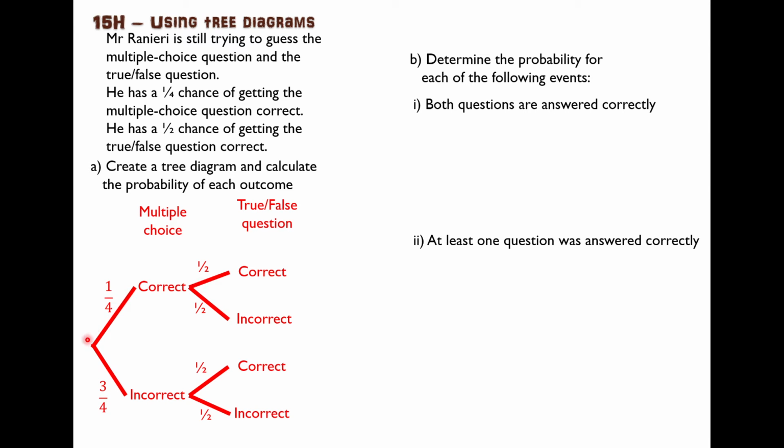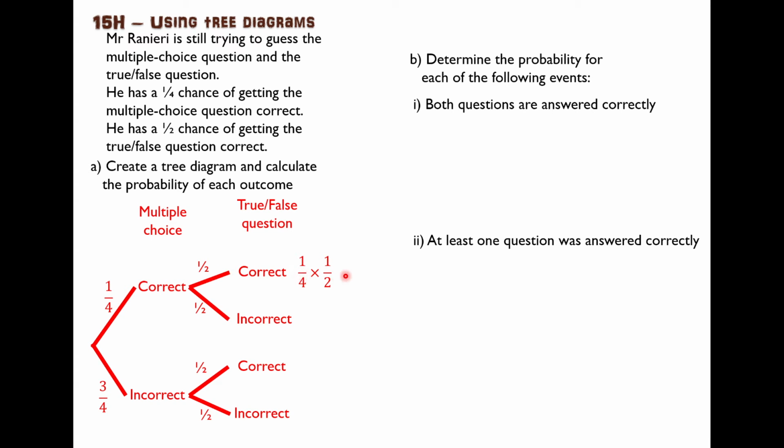Let's figure out the probability of getting the first question correct and the second question correct. To figure out the probability of these two things both happening, it is this probability multiplied by this probability. You go down the chain, a quarter times a half.